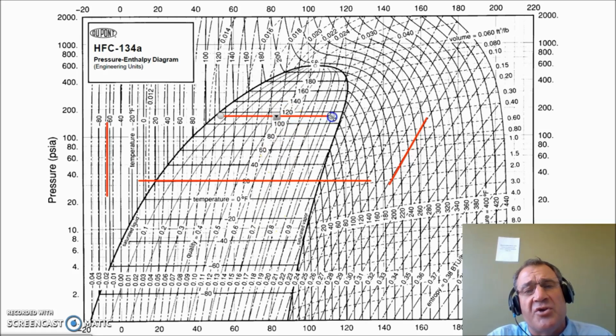So I'm going to draw my top line right here at around 115. See, there's 100, there's 120. This looks like about 115 degrees Fahrenheit right here. And there's my top line.